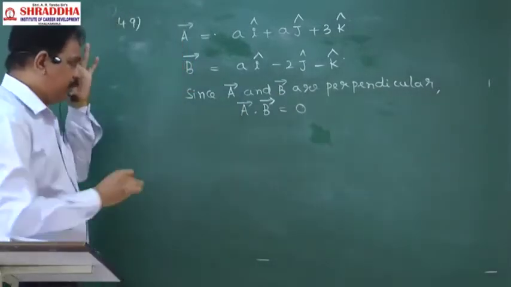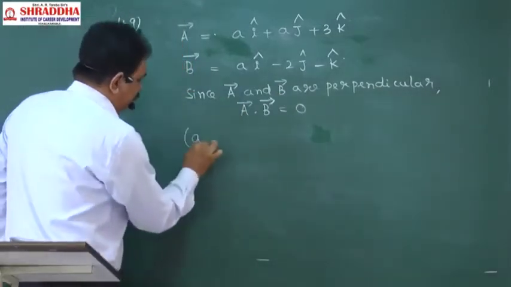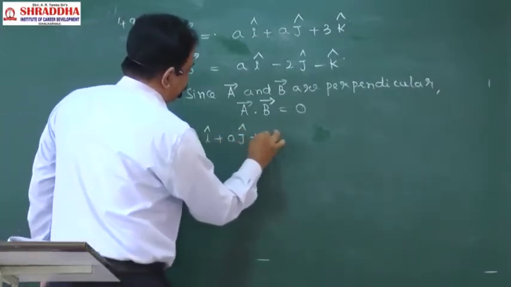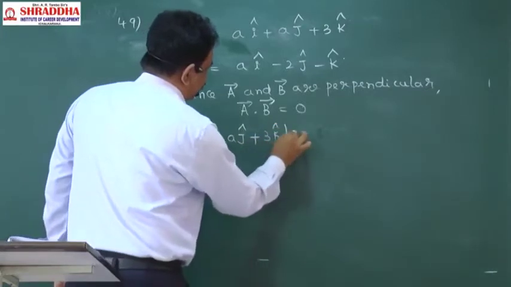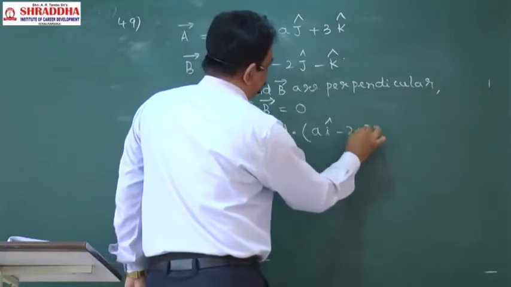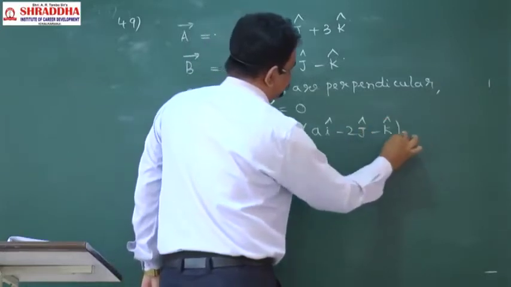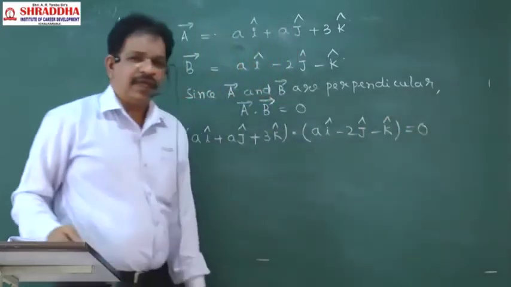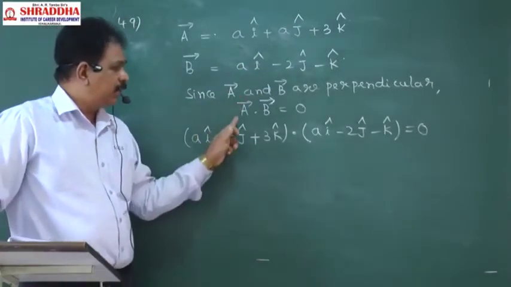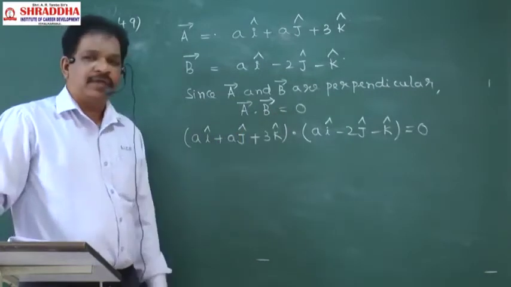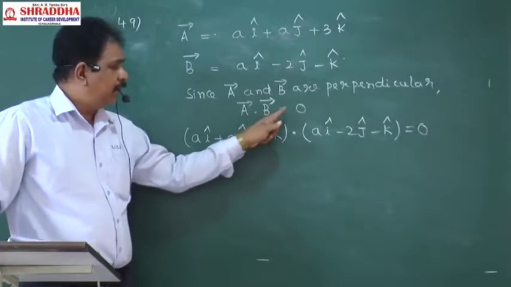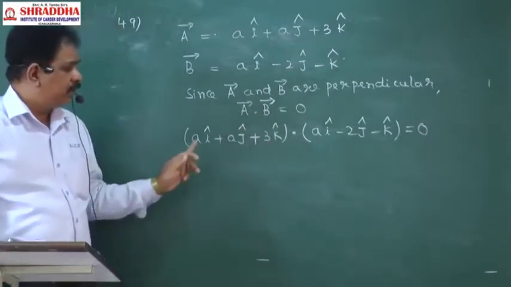So this value A I cap plus A j cap plus 3 k cap dot A I cap minus 2 j cap minus k cap is equal to 0. If two vectors are perpendicular, their dot product value will be equal to 0. So A bar dot B bar is equal to 0.